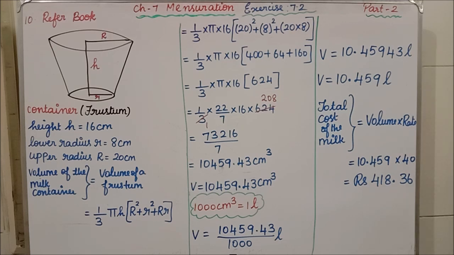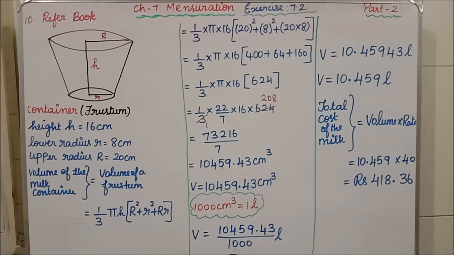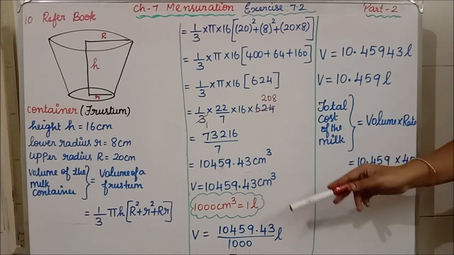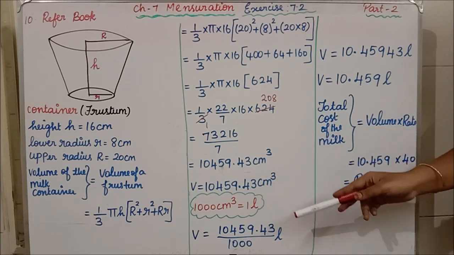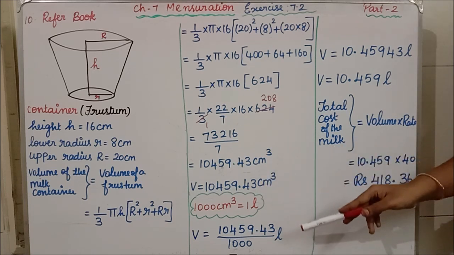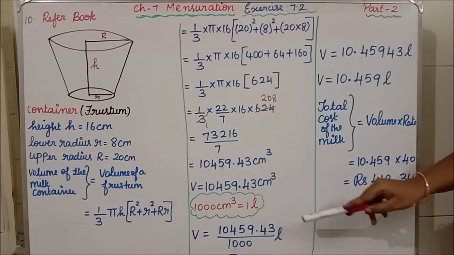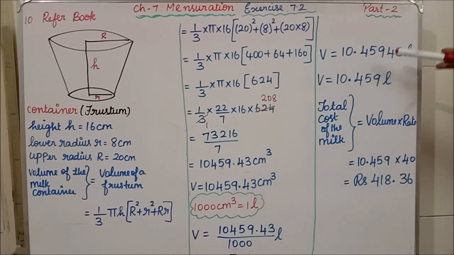Since we are having the smaller unit, when we go to the higher unit, we have to divide. So volume is equal to 10,459.43 divided by 1000 to convert centimeter cube into liter. Clear?